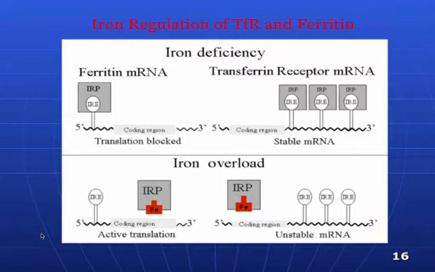If IRE-BP is bound to the IRE, translation is blocked. Make sense? I'll ask you this way. Who gets that? Okay, I'm not going to ask who doesn't. I'm assuming the other people haven't clicked yet.